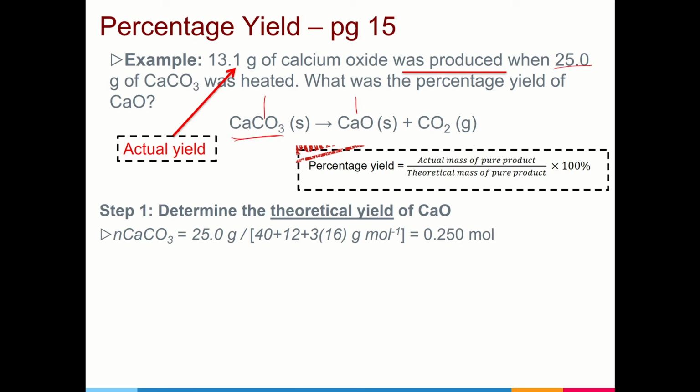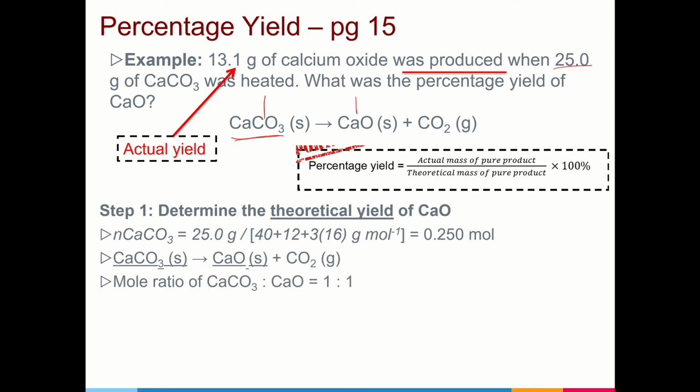I started off with 25 gram. 25 gram divided by the Mr, molar mass, is 0.25. The mole ratio is 1:1. So 0.25 mole of this will mean 0.25 moles of my calcium oxide.